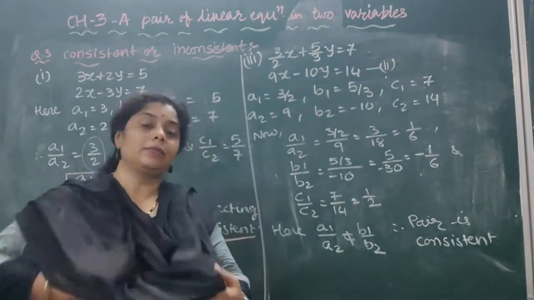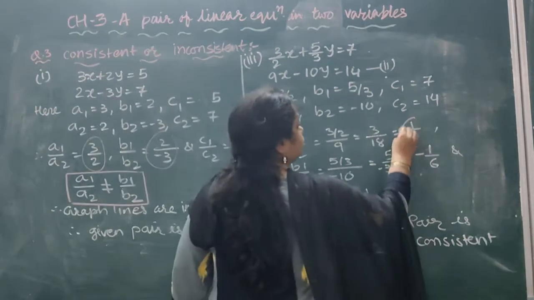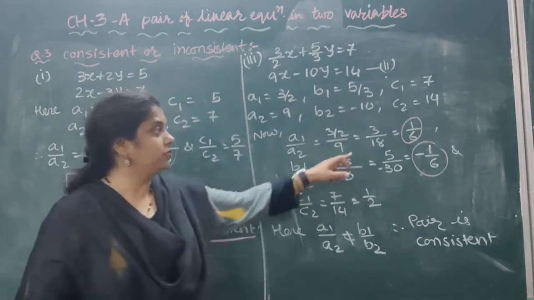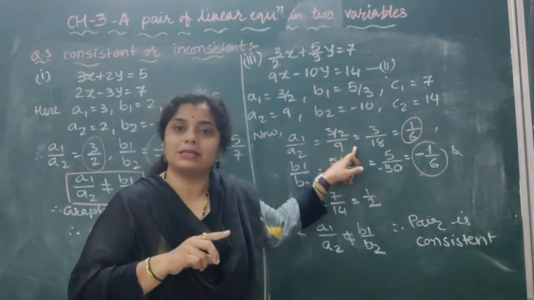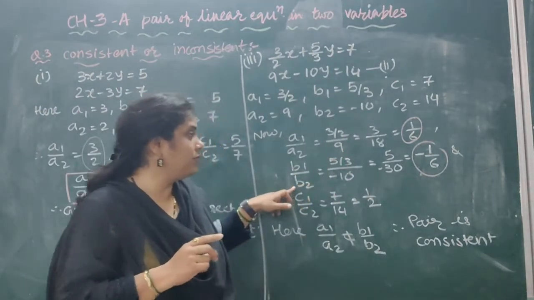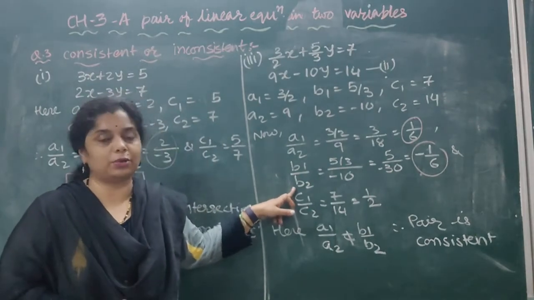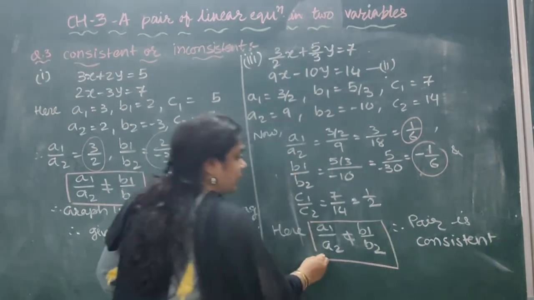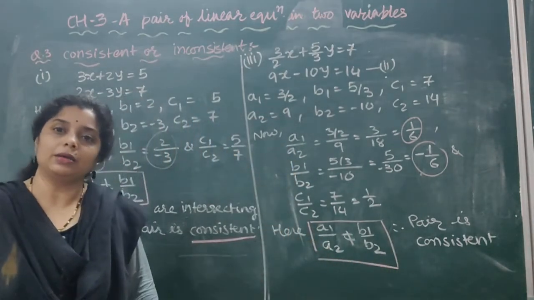So once again a1 by a2 is not equal to b1 by b2, because a1 by a2 is 1 by 6, which is positive, and b1 by b2 here is minus 1 by 6.